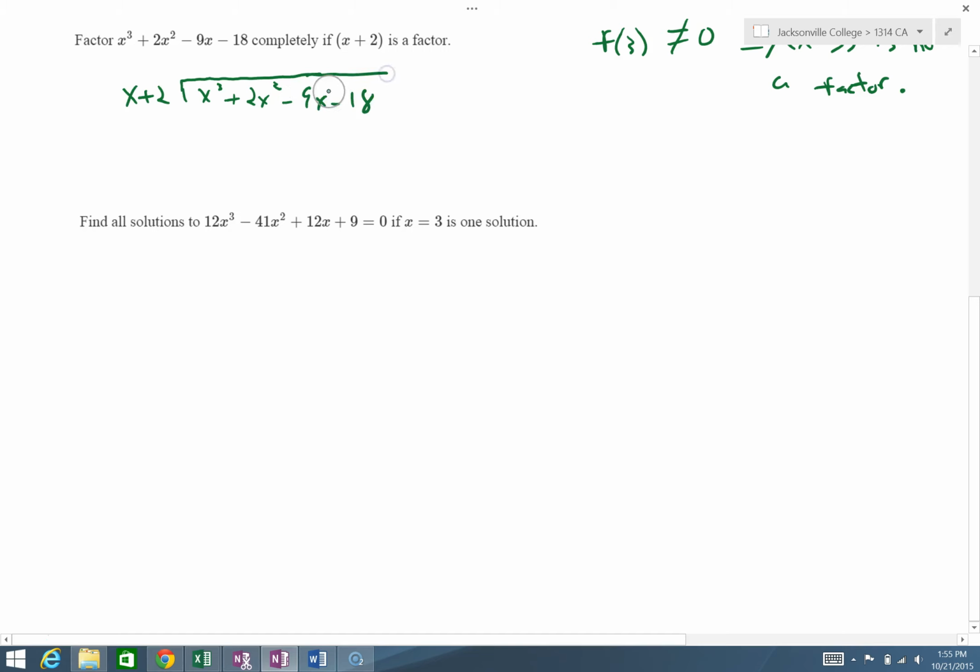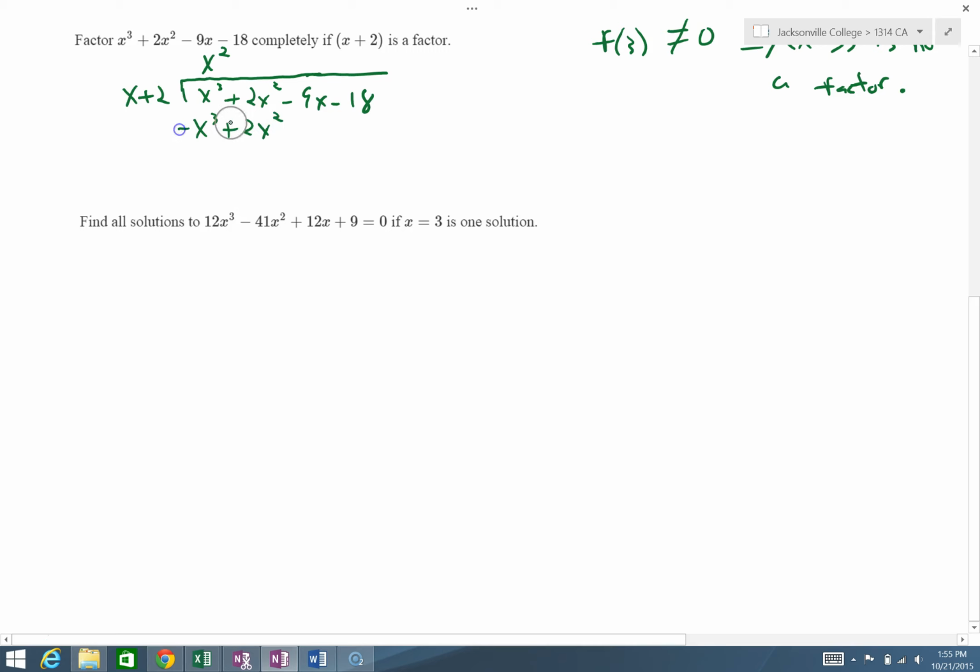I know it's going to go in evenly. That is, the remainder will be 0 because it says x plus 2 is a factor. X into x cubed, x squared times. X squared times this one gives x cubed. X squared times 2x is a plus 2x squared.